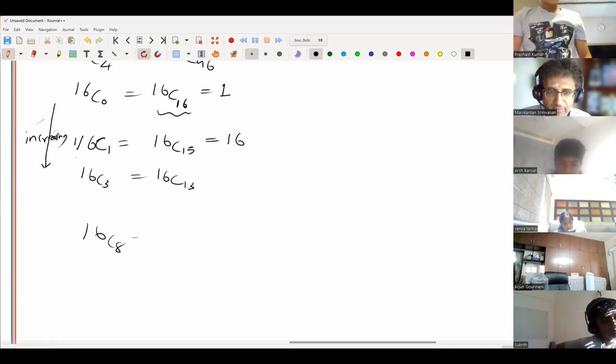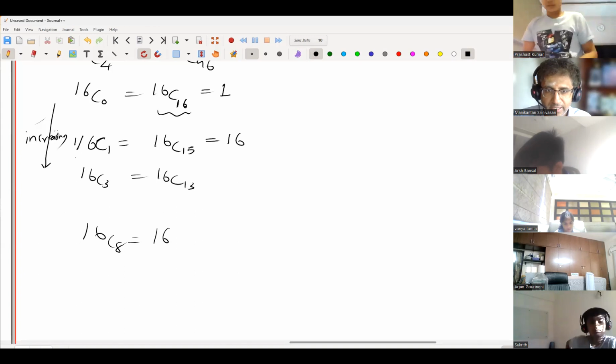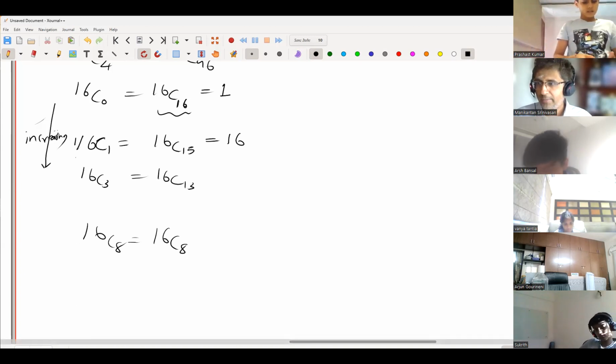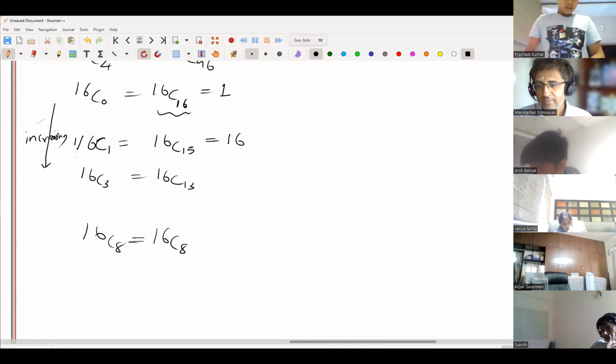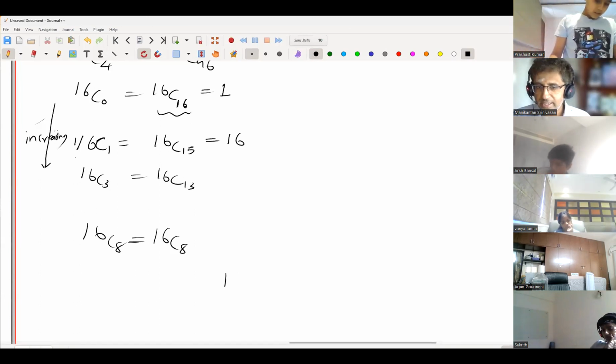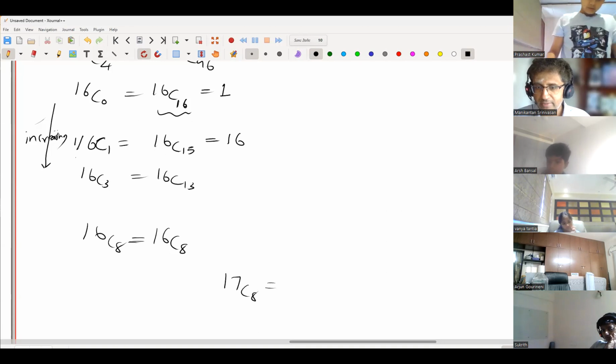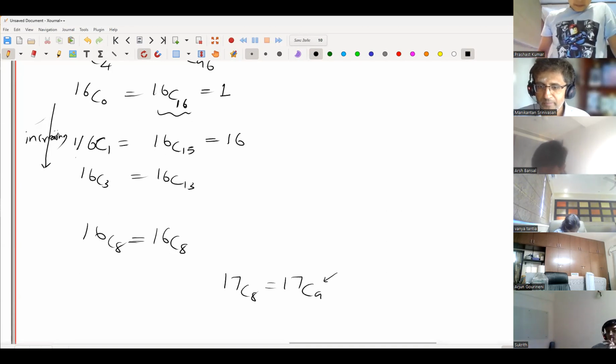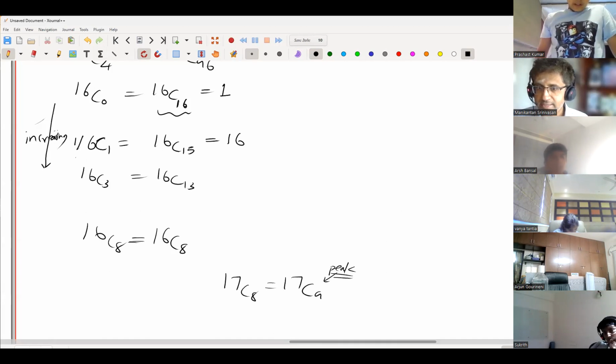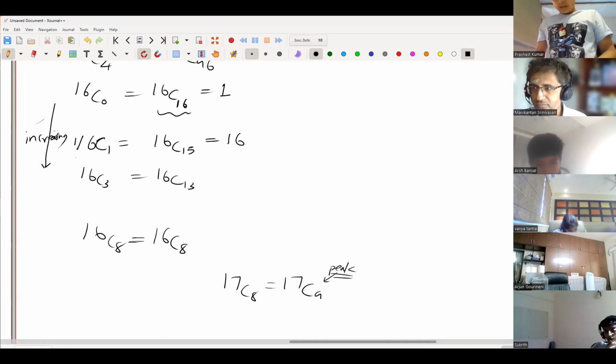And then the peak will happen, as Sukrit was telling, at the halfway point. 16 choose 8, because 8 is half of 16. But let's say it's 17, then 17 choose 8 will be the same as 17 choose 9, and that's the peak. Both will be the maximum. Selecting 8 students is the same as selecting 9 students. Okay. All of you with me so far?